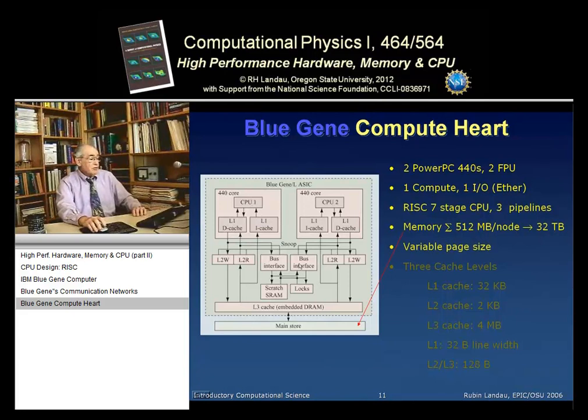Okay? The actual memory on this 2-core chip down here, the main storage, is 512 megabytes per node, which gives you a total of 32 megabytes. But this is the local storage, and if you need to communicate, you can get that much. The page sizes vary. Okay? So we know what pages are. It's how much memory is read in at one time into the RAM, and this is the dynamic RAM.